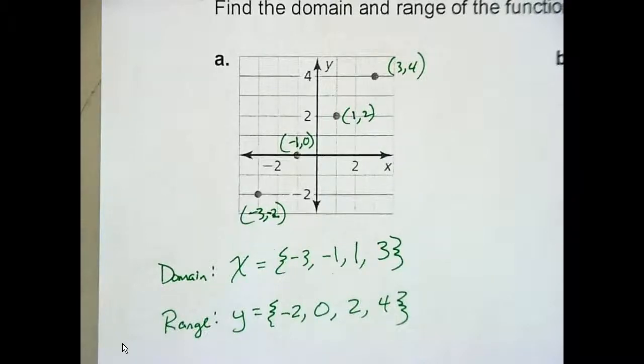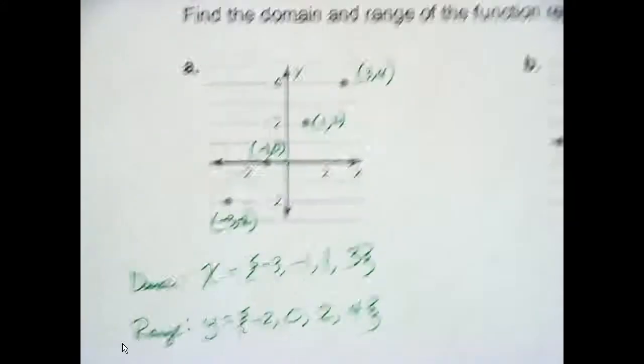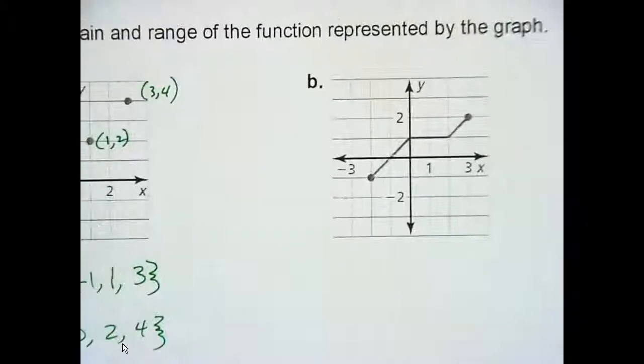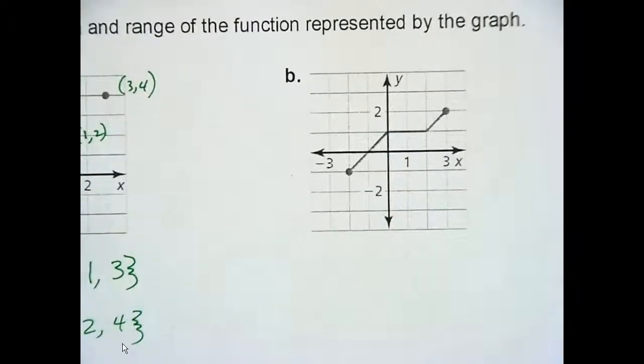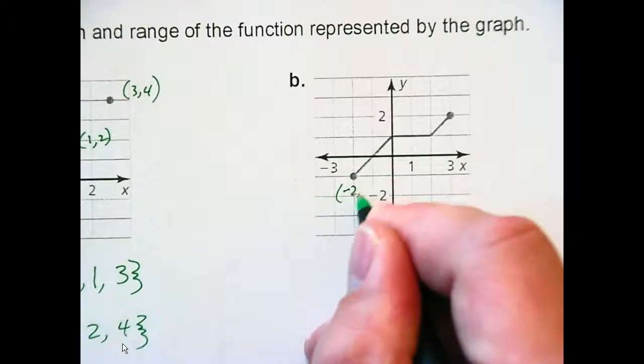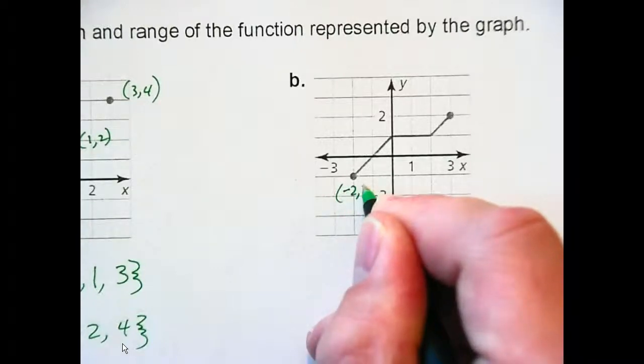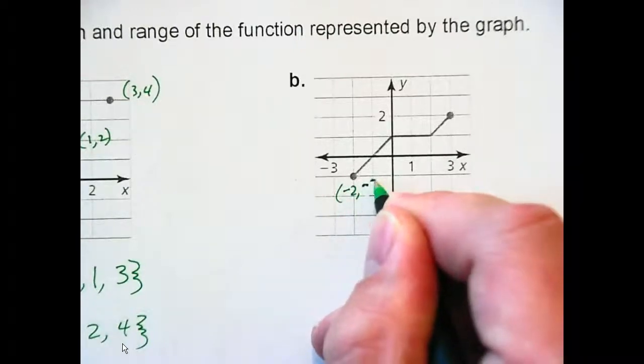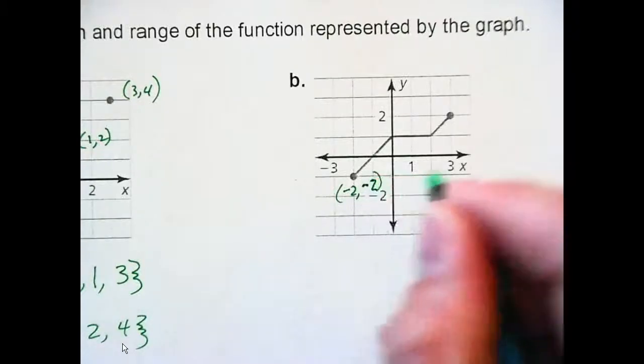Okay. How many are with me so far? Any questions on it? Sarah? Okay. All right. Domain and range. Letter B. What's this point? -2, -2. -1. -2, -2.